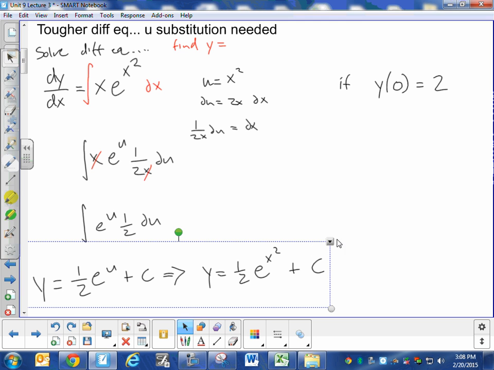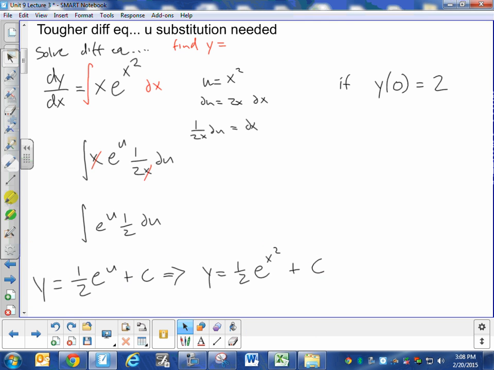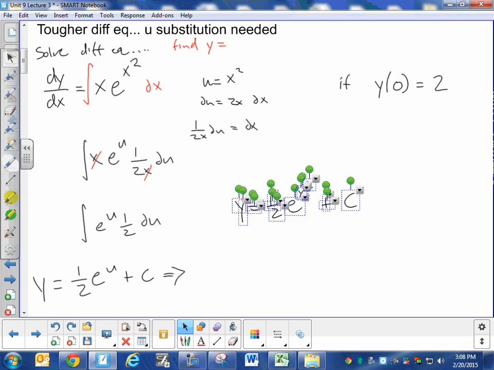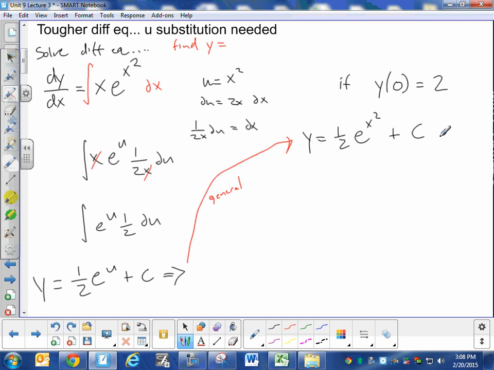Now we want something more specific because we are given another initial condition. So if this is my general solution, I can find c by setting 2 equal to this with 0 plugged in for x.